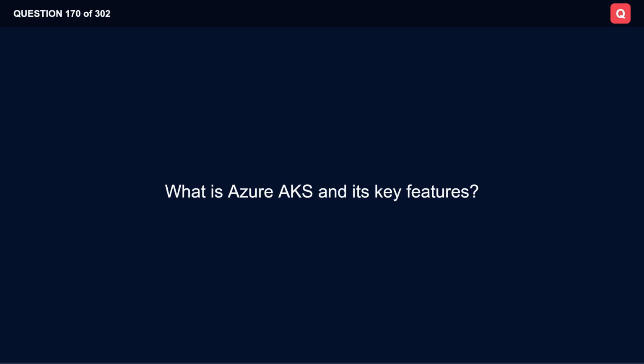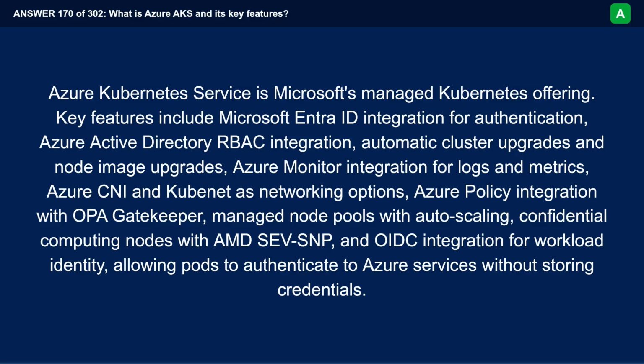What is AKS and its key features? Azure Kubernetes Service is Microsoft's managed Kubernetes offering. Key features include Microsoft Entra ID integration for authentication, Azure Active Directory RBAC integration, automatic cluster upgrades, and node image upgrades.